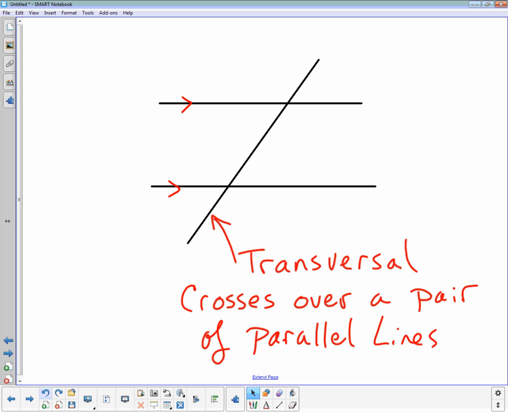So you'll hear me talk about this. I'll be using this word. Make sure you understand that I'm talking about the line that crosses over parallel lines.